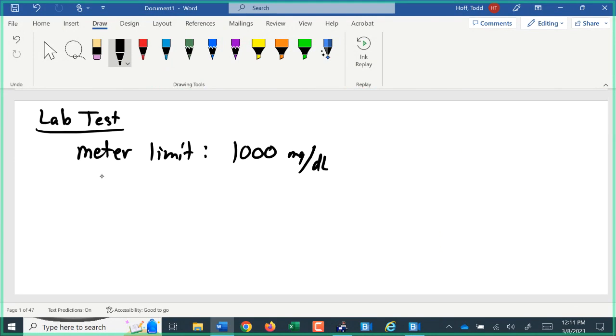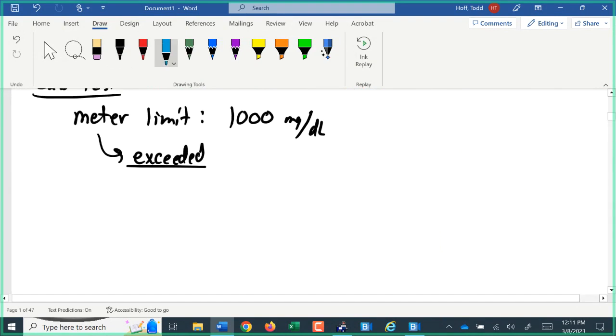So let's say the meter limit is exceeded. We test a sample of blood and we get an error. So it's telling us that the level is above that limit of 1,000 milligrams per milliliter. So that means, first of all, that's a bad thing. That's very high already. But it means we need to do something to be able to get an accurate reading.